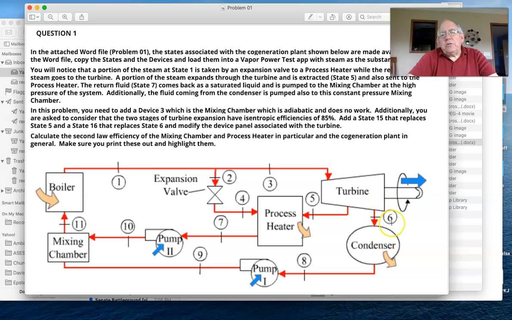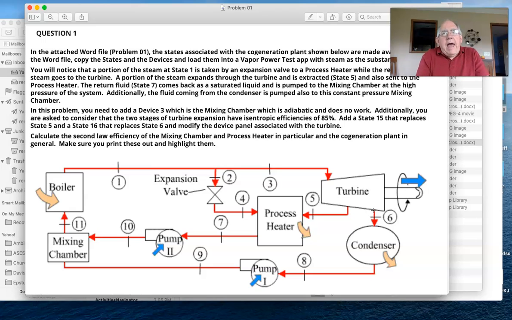And state 6 will be that isentropic condition based on that slightly different entropy. So if you think about this second stage acting on its own, the nuance that we have to understand is that what actually goes into that stage is a fluid at condition 15.